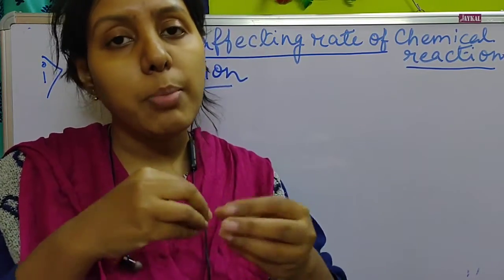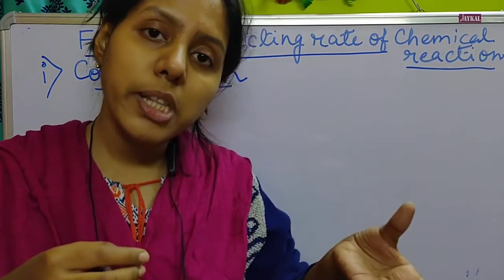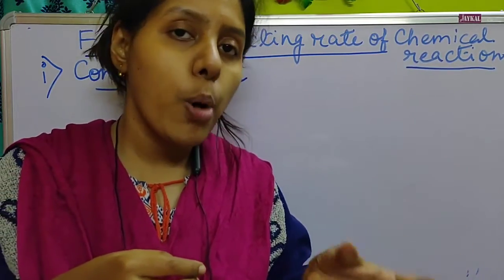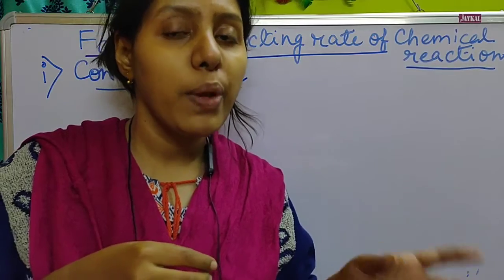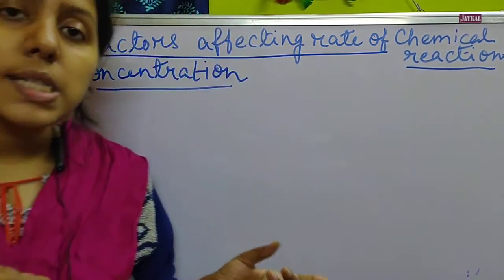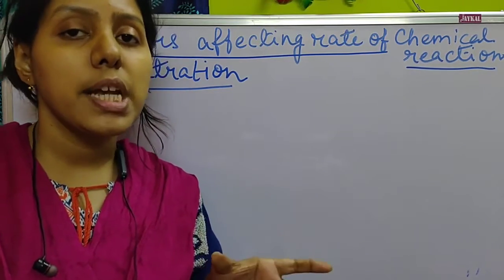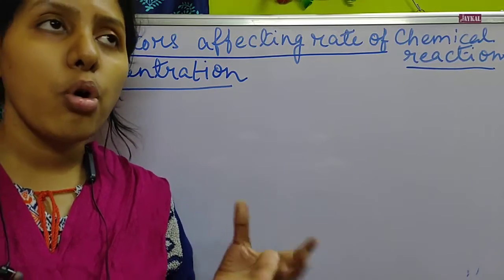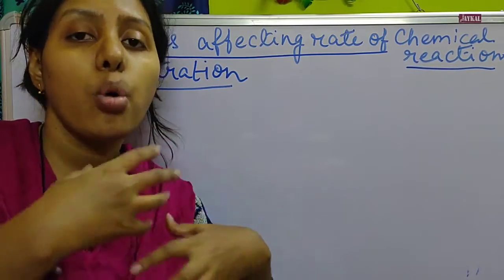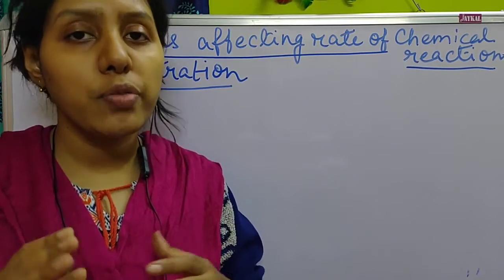Per unit time, the more molecules reacting with each other, the more products will be formed per unit time, so that increases the rate of the reaction. So the most important thing is intermolecular collision. The more molecules colliding with each other per unit time, the more will be the rate of the reaction.